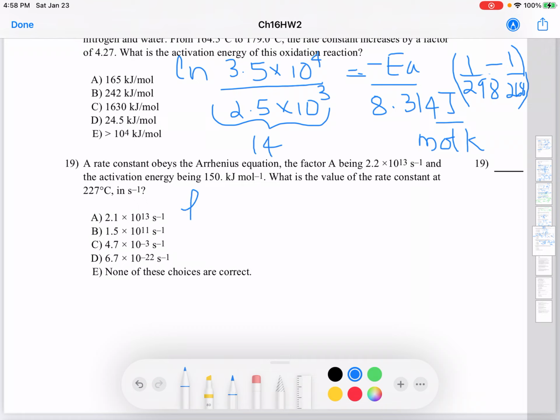Then ln 14 equals negative activation energy over 8.314, and then do the calculation in parentheses, 1 over 298 minus 1 over 268, in your calculator. That would give you a number like this: negative 3.75 times 10 to the negative 4.